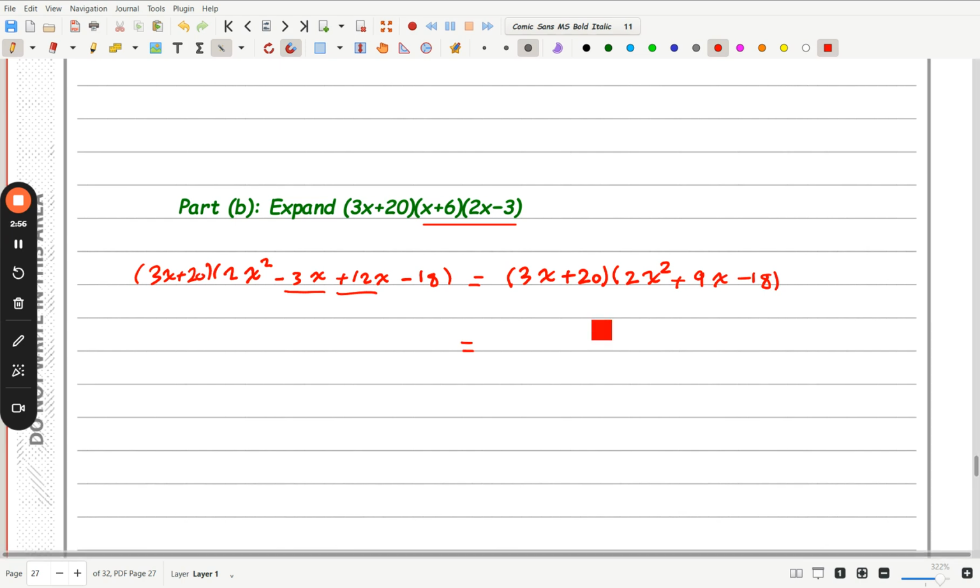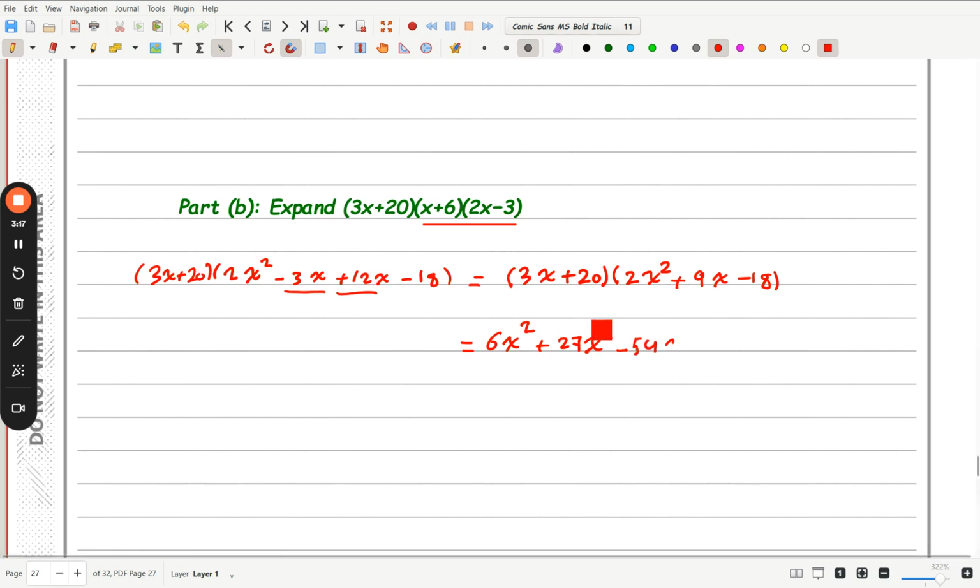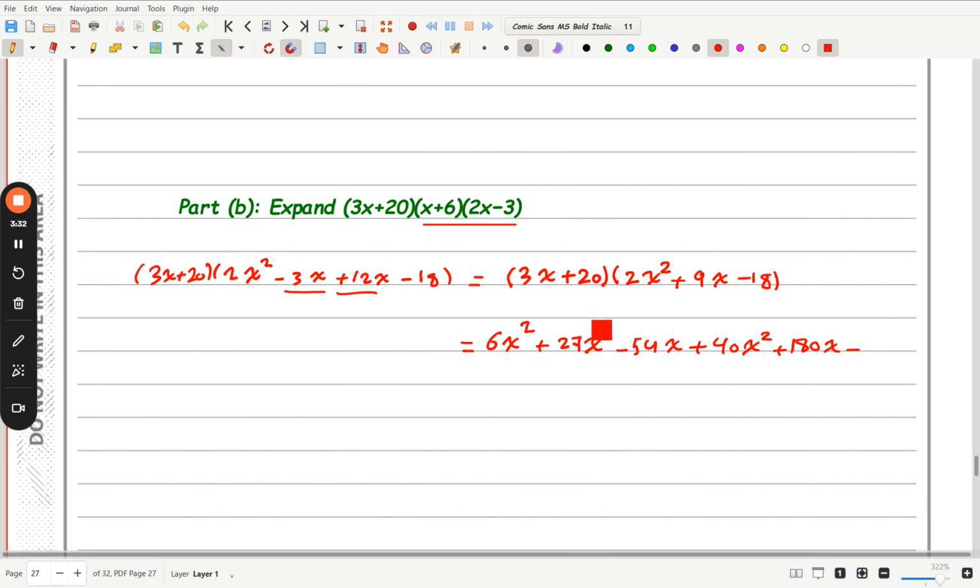Now 3x times 2x equals 6x to the power of 3, plus 27x to the power of 2, minus 3x times minus 18, so minus 54x, plus 20 times 2x squared, 40x to the power of 2, plus 180x, minus 360. Now we'll simplify it.